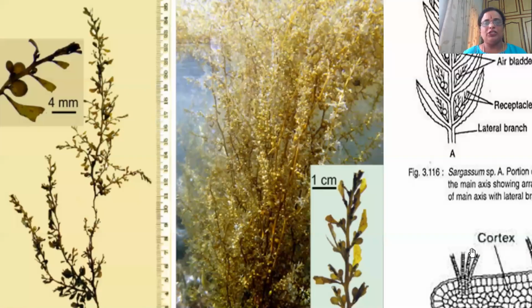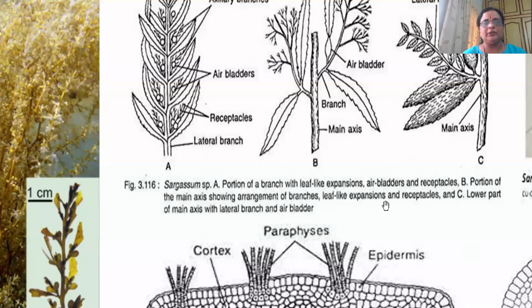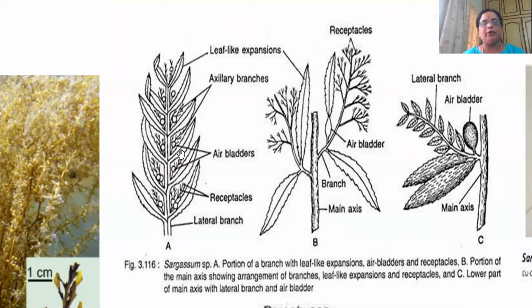The main function of these air bladders is floating. There are some forms found attached to the substratum also, but the shoot system or the leaf-like structure has to float and reach the sunlight for the process of photosynthesis.